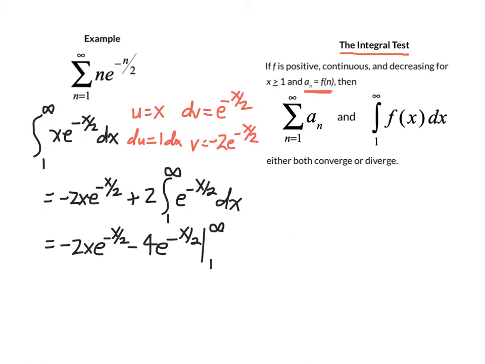So when we plug the infinity in, technically that is not possible. It's not a number. But we say, well, as x is going to infinity, what is e to the negative x over 2 doing? In this case, if you look at our first term, we have a little bit of a dilemma. If you go back to the indeterminate limit rules, I would have an infinity times 0 case on the first one. The second one is definitely going to 0.